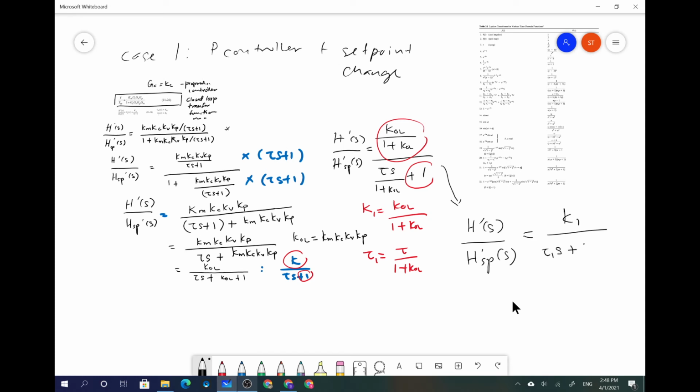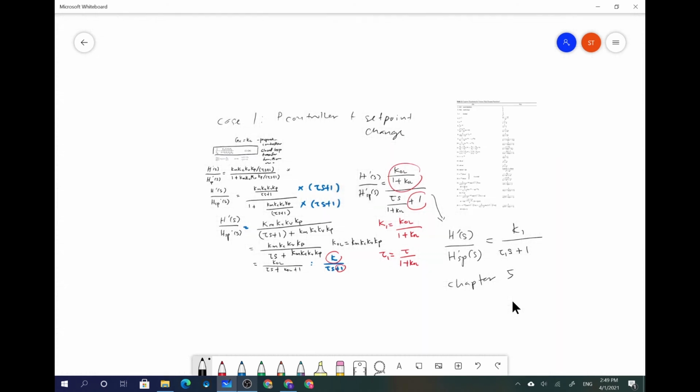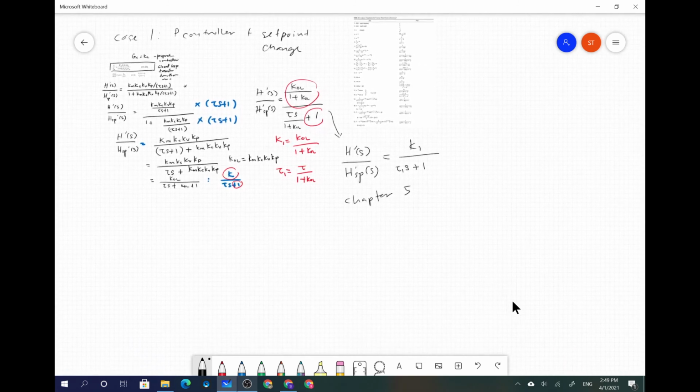tau 1 s plus 1. Okay, remember last time in chapter 5, you learned the dynamic behavior of a first order or a second order, that is, you learned theoretically when you have first order and second order.